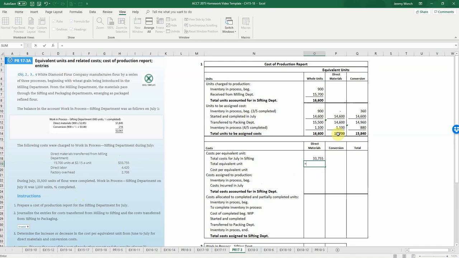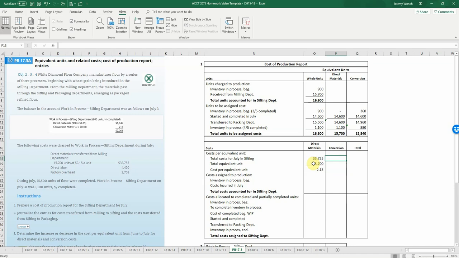Our total direct material units that we need to allocate that to, we already calculated here. So we just take our 33,755 divided by our 15,700. So we have a cost per equivalent unit for direct materials of $2.15.